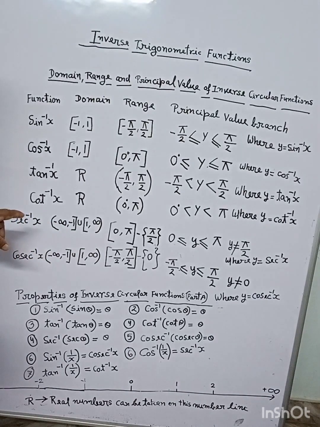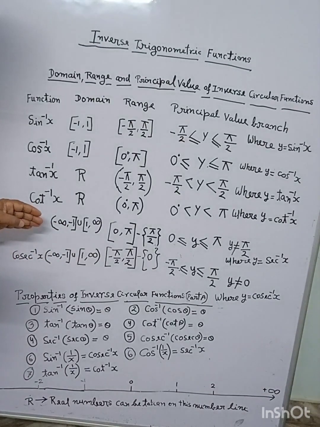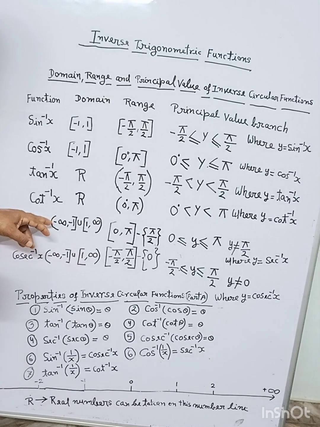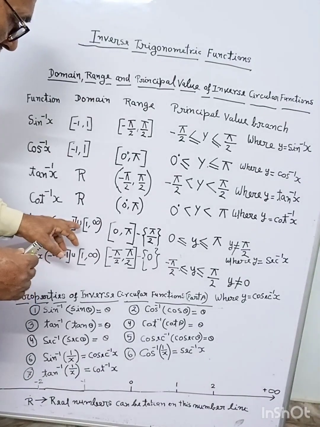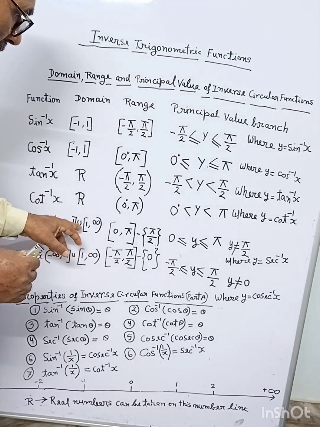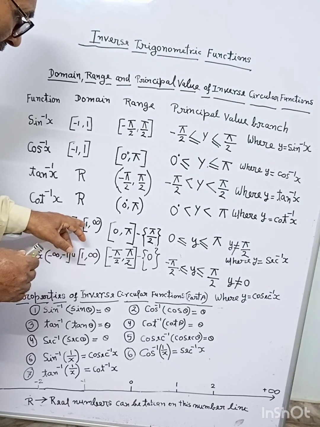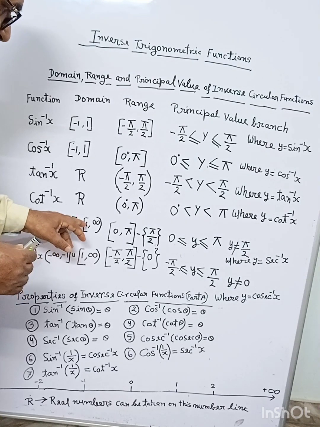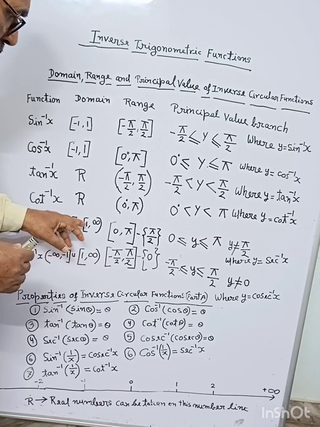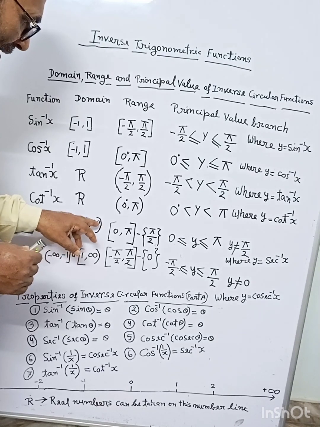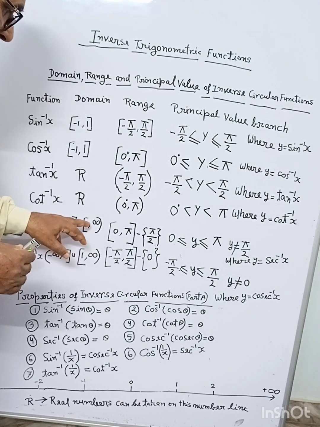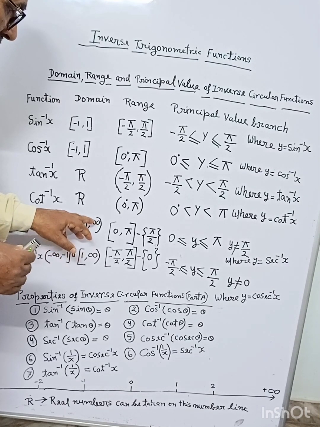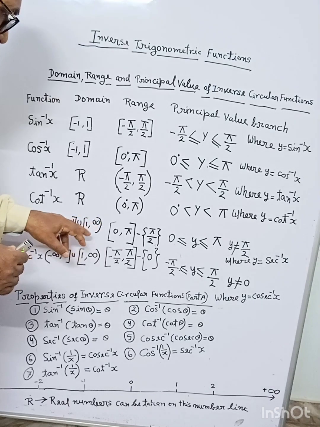So all the values except minus infinity up to -1, union closed interval 1, it means 1 is included, and 1 to infinity, where infinity is not included because it is an open interval.